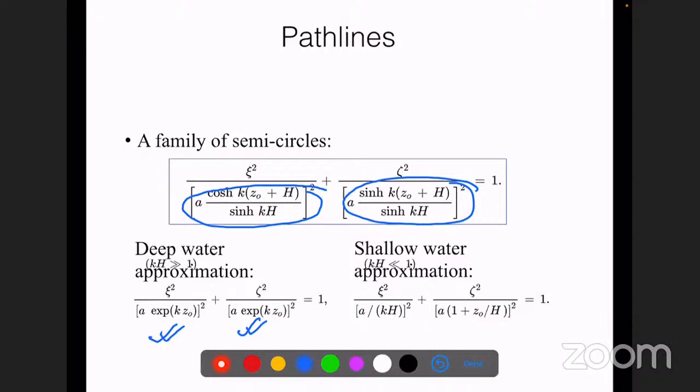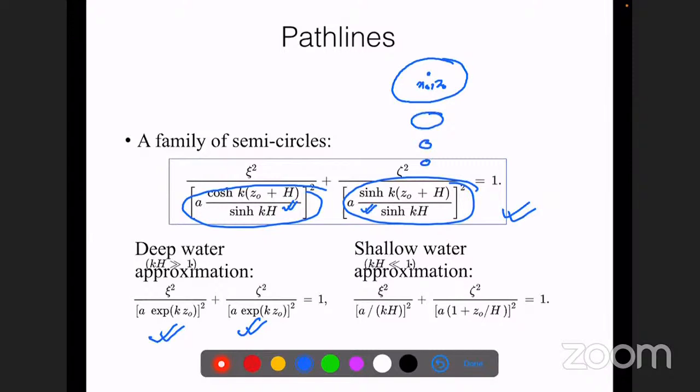Irrespective of that, if you look at the equation for the Lagrangian deviation, starting from some x0, z0, it would actually be an ellipse. And the minor axis and major axis of the ellipse, or the circle in some cases, would keep shrinking. So they would look like this. As you keep going down, they will look like closed orbits which are shrinking in size.